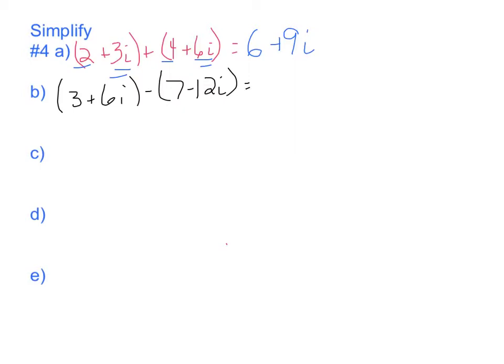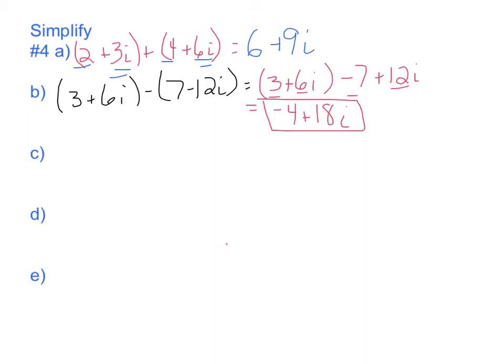Leave the first quantity alone, 3 plus 6i, but that 7 becomes minus 7, and that 12i becomes plus 12i. And now just combine like terms. So 3 and minus 7 are negative 4, plus 6 and plus 12 is plus 18i. Can't do anything else with that. You're done. You're finished.